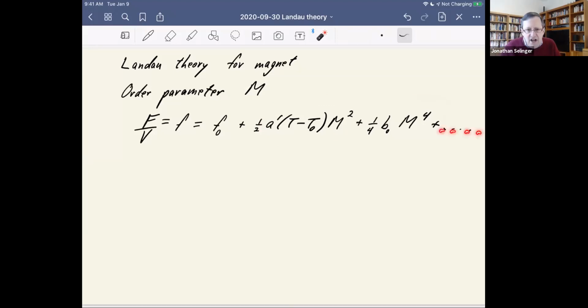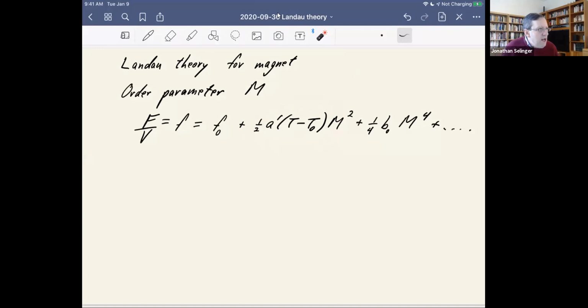They're off in the dot, dot, dot. And then, in principle, all of the terms could depend on temperature, but I claimed the interesting thing would happen when the quadratic coefficient passes through 0. And so we put the expression for the quadratic coefficient to be this a prime times temperature minus T0, the temperature at which this thing passes through 0.